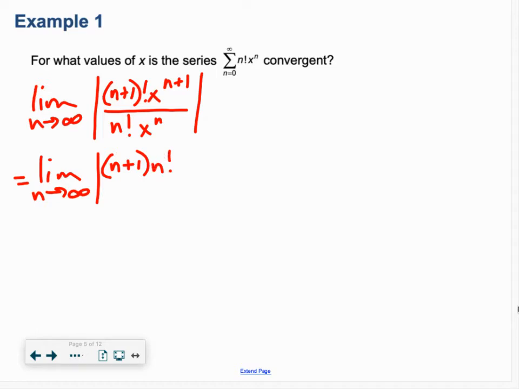X to the n plus 1 is the same as x to the n times x to the first. And on the bottom, we still have n factorial x to the n. So the n factorials cancel, the x to the n's cancel, and we're left with the limit as n approaches infinity of n plus 1 times x.